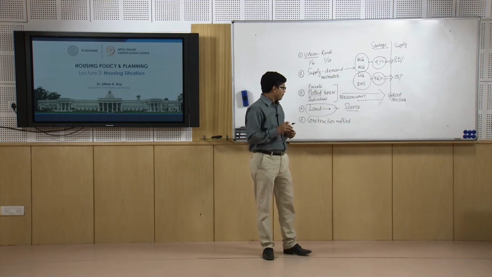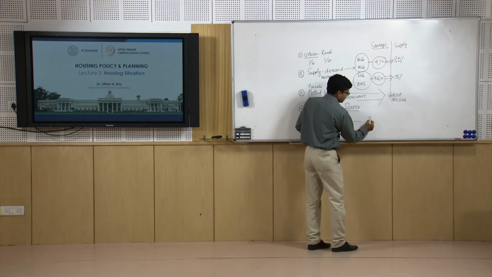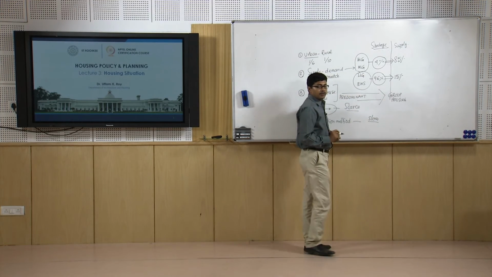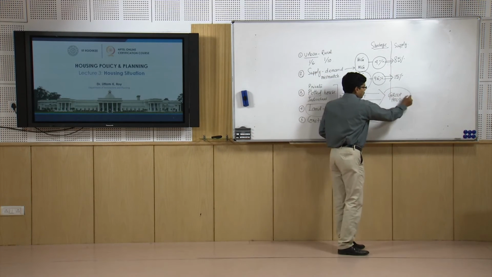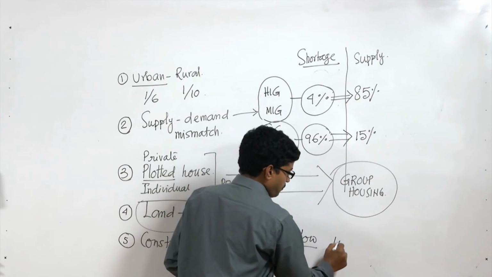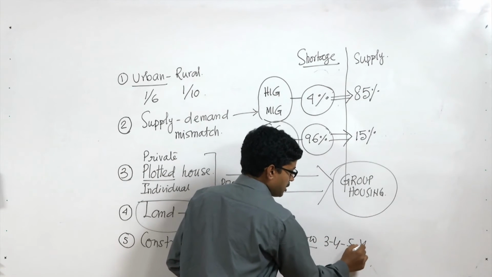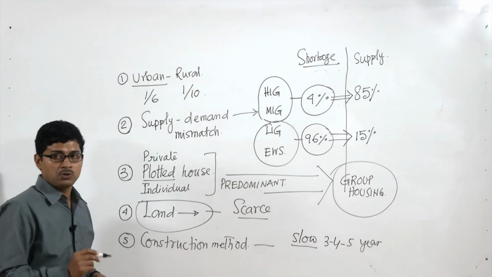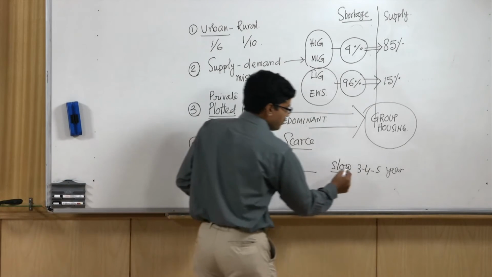But these methods are predominantly slow. How slow? Generally a group housing project takes roughly 3 to 4 or sometimes 5 years for construction and completion, whereas there are technologies available where you can construct a house within even 1 year.